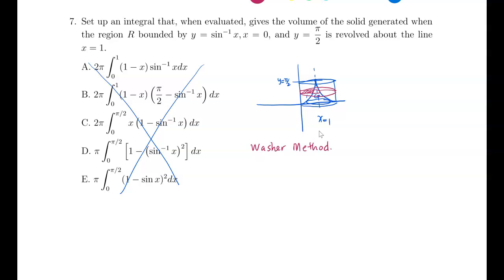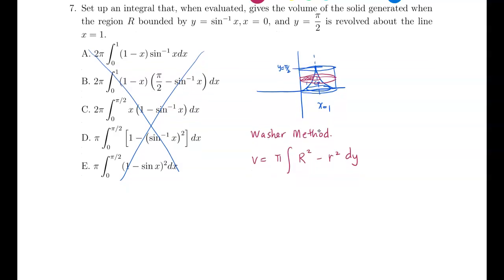Okay, so to get the washer method, the volume will just be pi times the outer radius squared minus the inner radius squared, and then this will be dy because you have a horizontal strip. Now, when you have a horizontal strip, you follow right minus left.